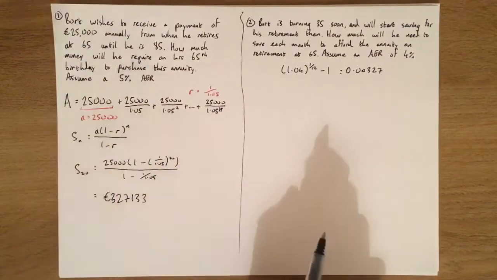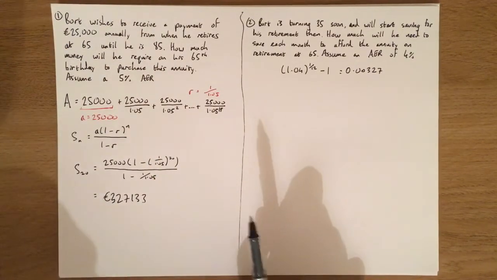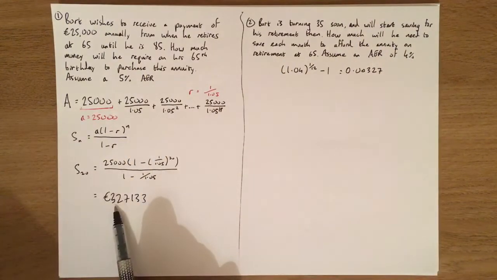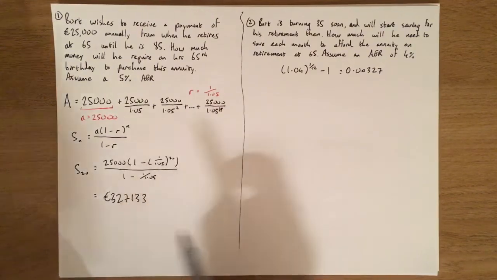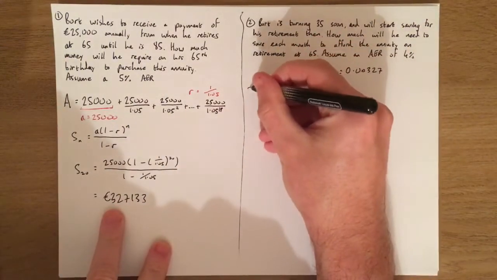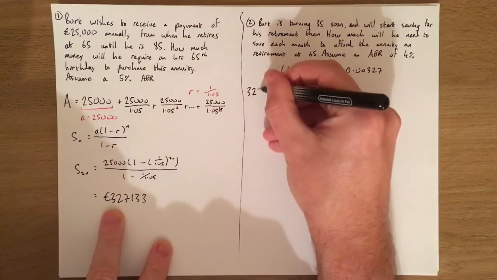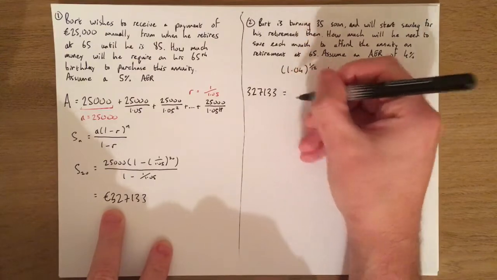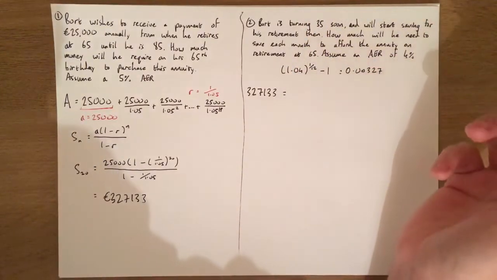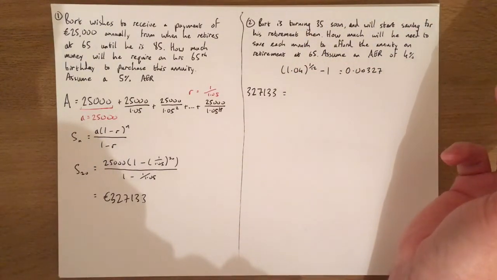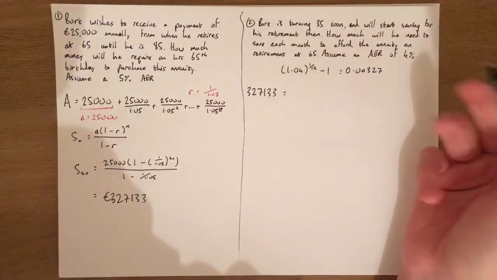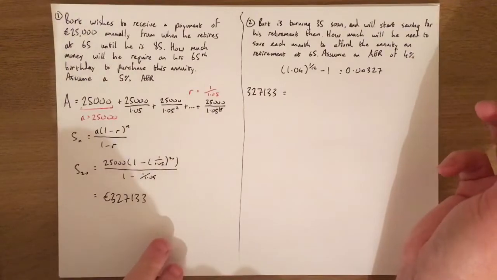So I want to save a certain amount of money every month at this interest rate that will grow into this amount of money. So 327,133 is equal to, you can use A again, or you can use S, or any letter that you want.